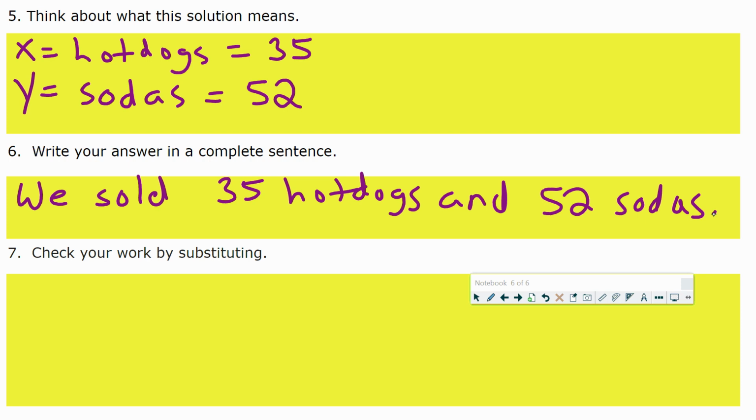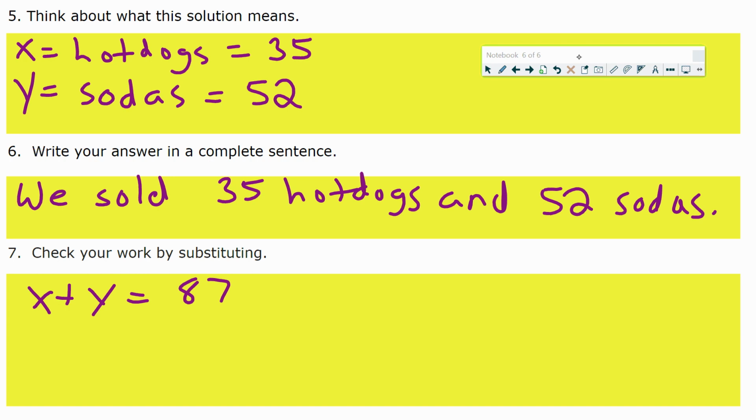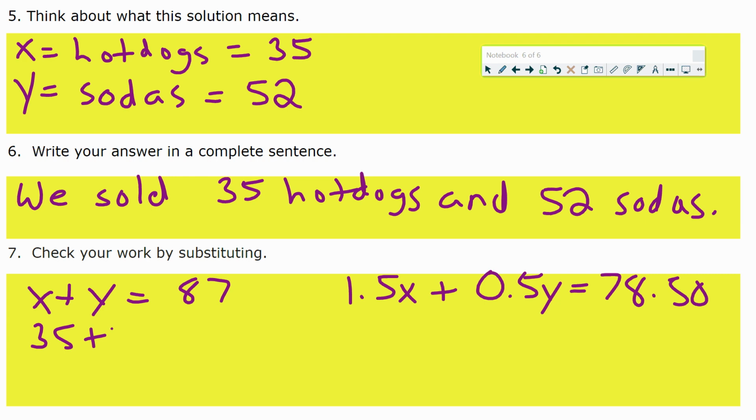All right, check your work by substituting. So we should substitute them back into the original equations. So x plus y equals 87 was one of them. And then 1.5x plus 0.5y equals 78.50. So 35 plus 52 equals 87. So that one works.